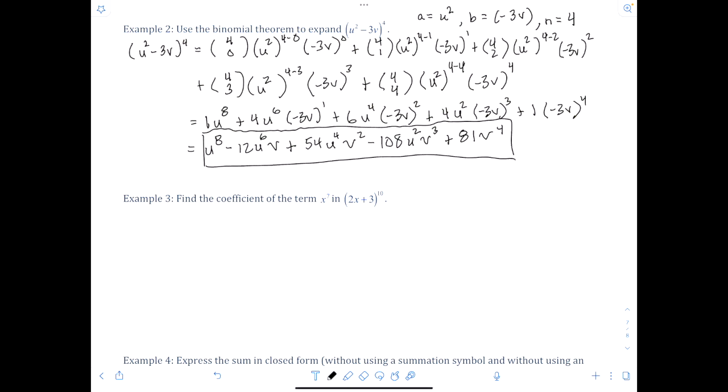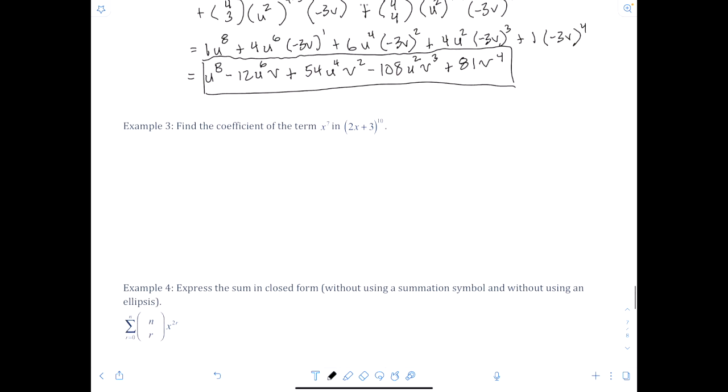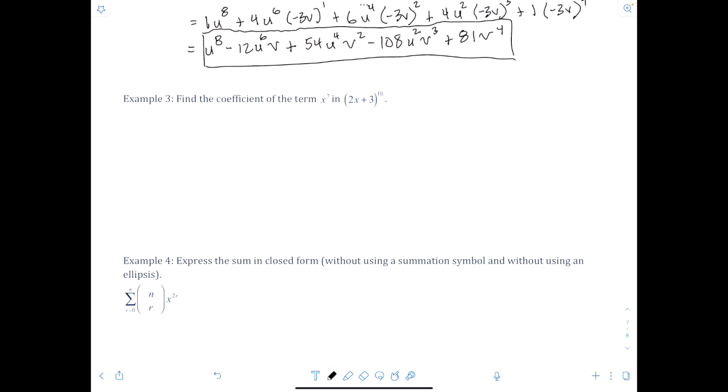Cool? Awesome. All right, so now find the coefficient of the term x to the 7th in 2x plus 3, that quantity to the 10th. So x is to the 7th power, so you'll have a situation where you have 10 minus 3 for the x term.